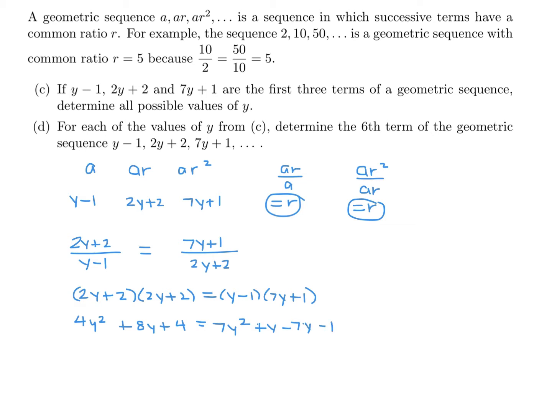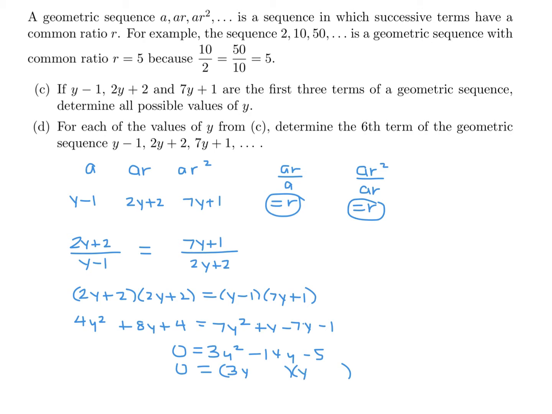And then I guess we'll put everything on one side. So 3y squared, let's see here, 6 minus 8 is minus 14y, and then minus 5, right? So does this factor? I hope so.